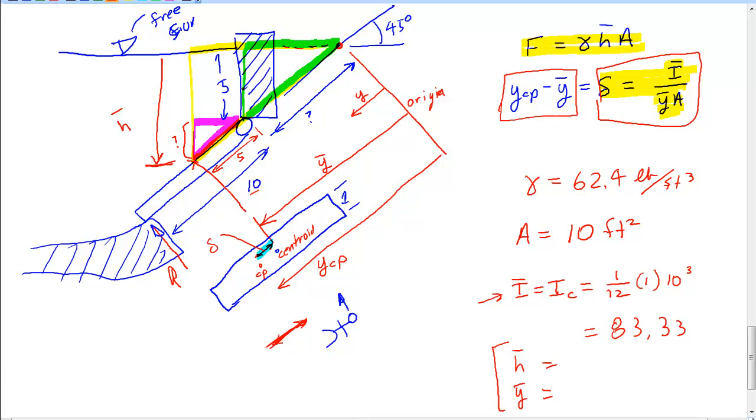But I can tell you if I find one of these, it's pretty easy to find the other. So I would contend that if this is 5 foot from here to here, that's got to be 5 foot from here to here, because this is 45 degrees. And this distance would be what? 5 squared plus 5 squared is equal to 5 square root of 2.